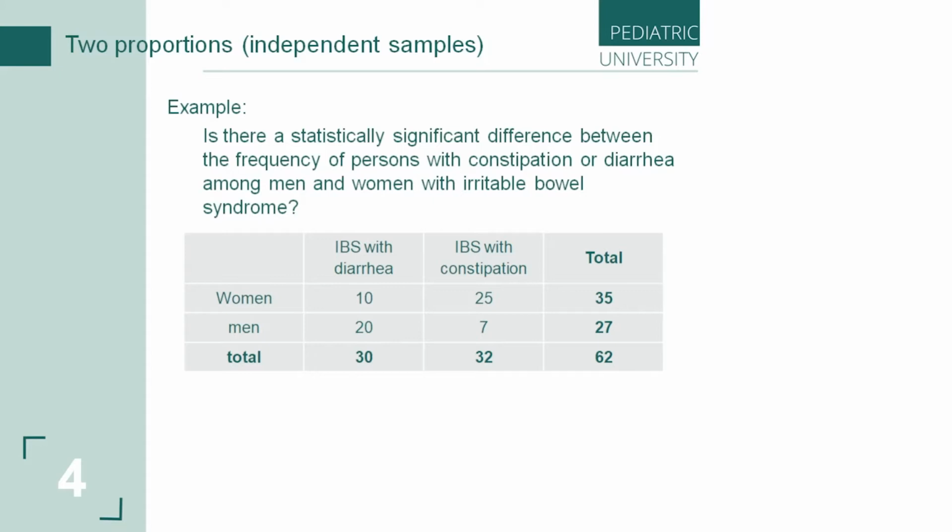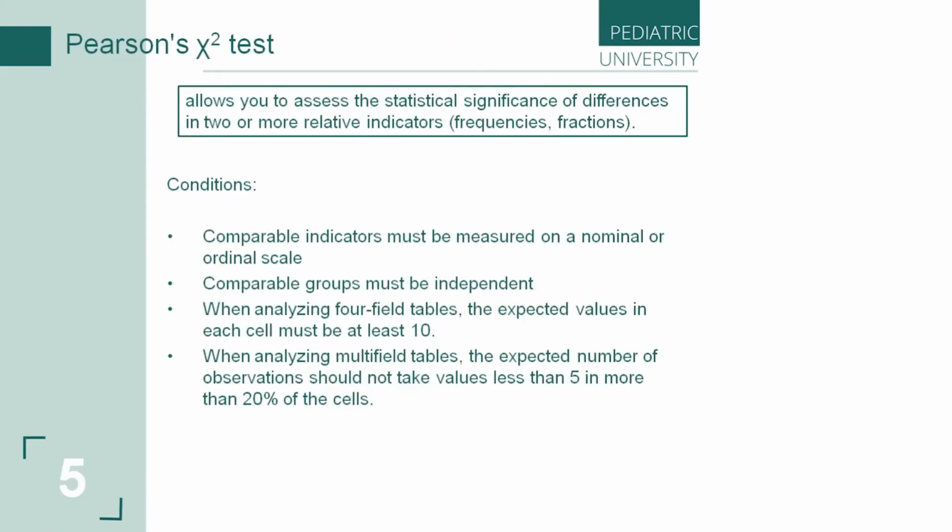To do this, we need to use a hypothesis testing criterion. What criterion should we use? The first criterion we will break down for this example is the Pearson chi-square test.